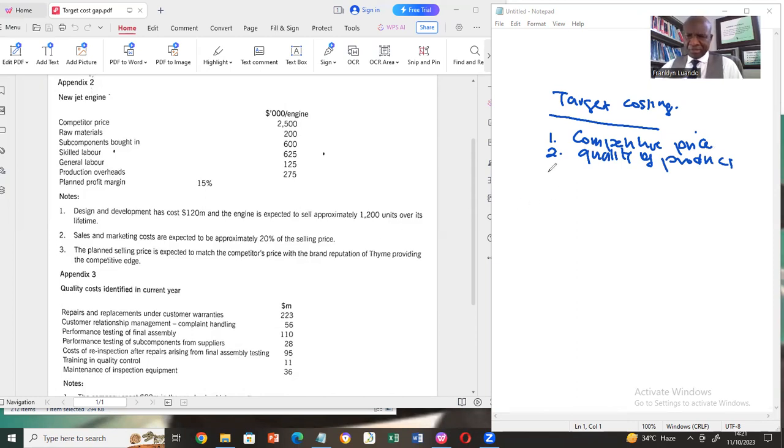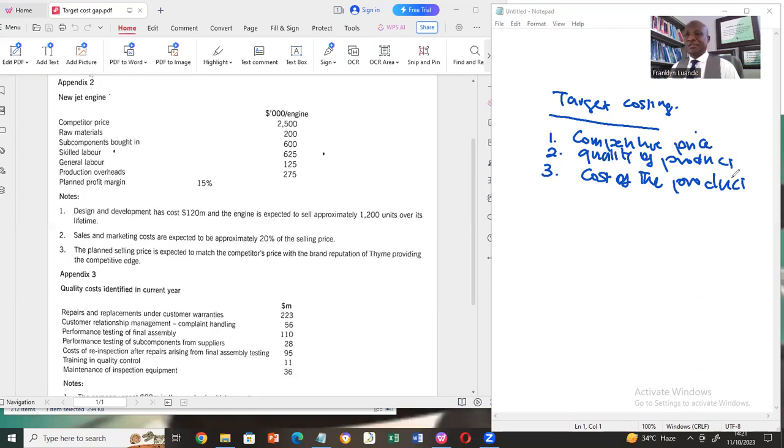Number three, it also looks at the cost of the product. So target costing focuses on those three things: competitive price, quality of products, and cost.